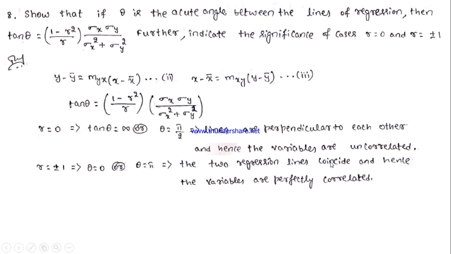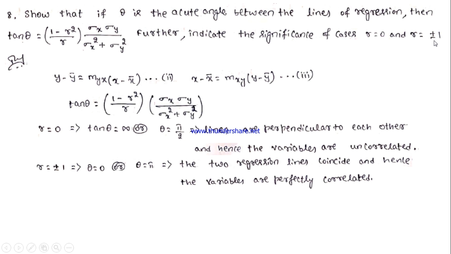So this is what I was explaining you people. When you get r is equal to +1 or -1, we claim the data is perfectly correlated linearly, which means we do not have two regression lines there, we have a single regression line. Okay, I hope you people are comfortable with this result, and it's very important from the point of your examination.